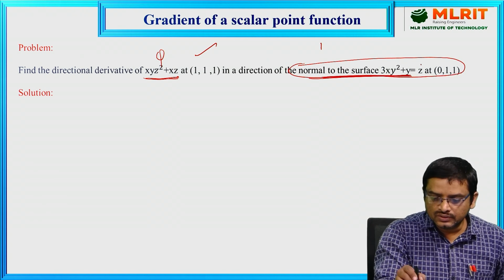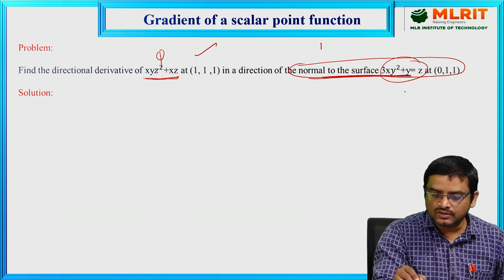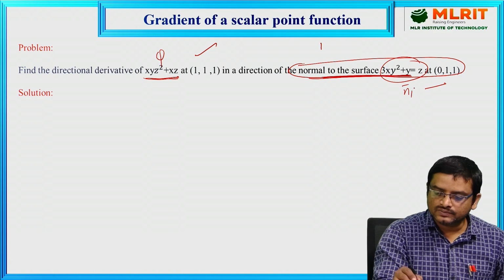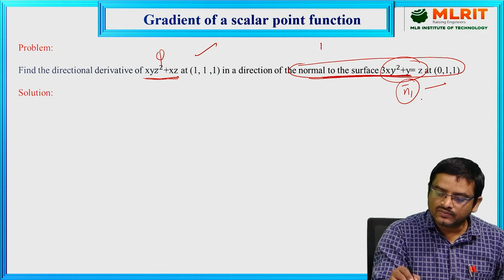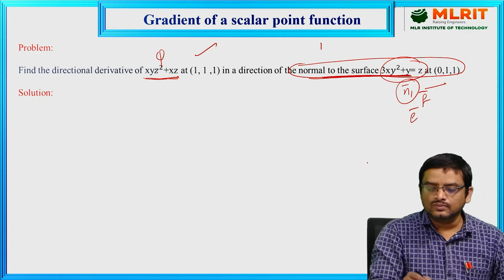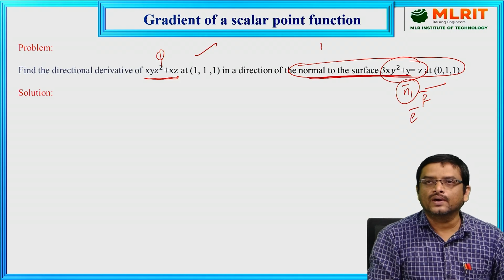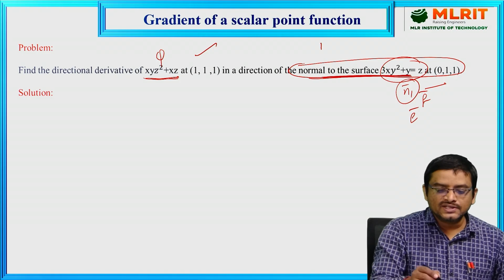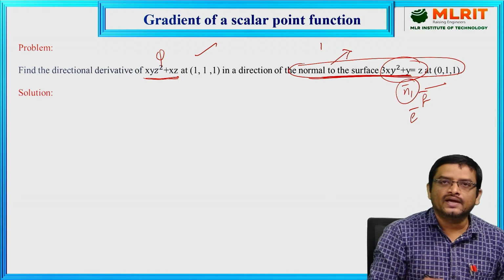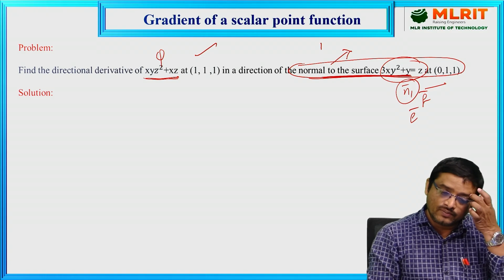So you take this surface, find the normal n1 bar at this particular point, and consider this n1 bar as our required vector f bar. You find the e bar value by using this f bar value. These are the changes you can find in the directional derivatives in different models.